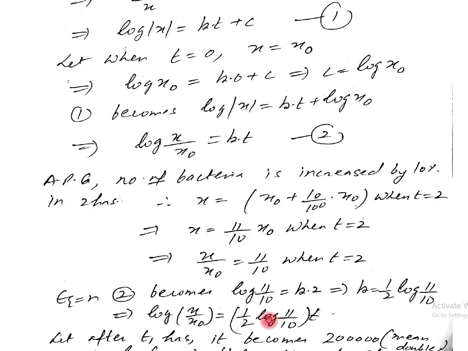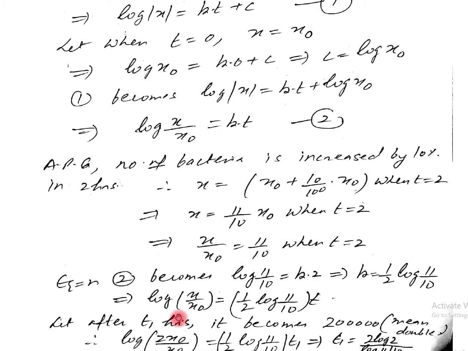This implies k equals 1 by 2 log 11 by 10. Putting this value of k in equation 2, we get log of x upon x naught equal to 1 by 2 log of 11 by 10 into t.